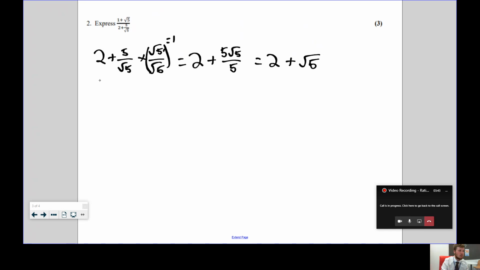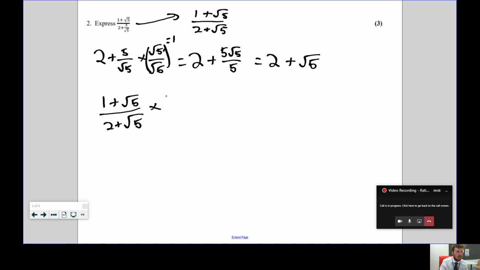So I've sorted out the bottom bit, so I'm going to rewrite my question now. So this is actually 1 plus root 5 over 2 plus root 5. Now I've got that, I'm going to think about how I can rationalise something which contains both an irrational and rational number as a denominator.